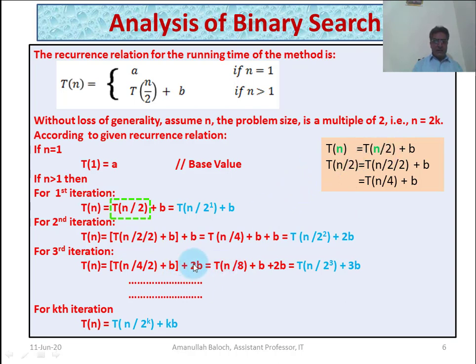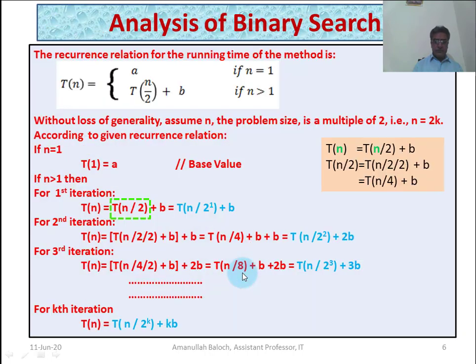So this will be the result of the third iteration, T of n divided by 8 plus b, and this 2b I bring from the upper level, this 2b from here. So the pattern will become T of n divided by 8, which can be written as T of n divided by 2 to the power 3, and b plus 2b will become 3b.